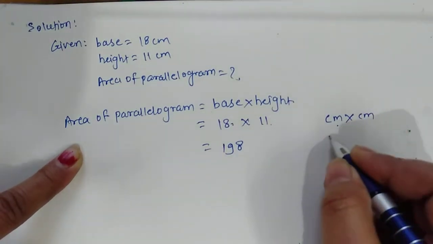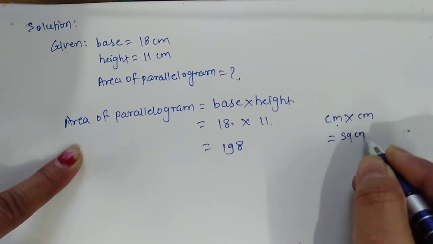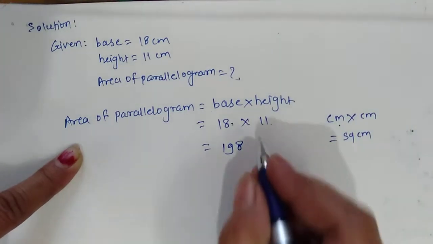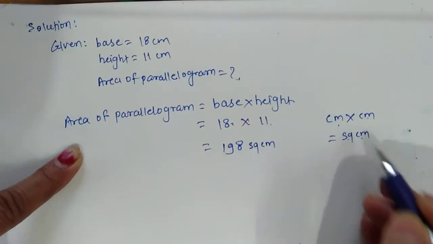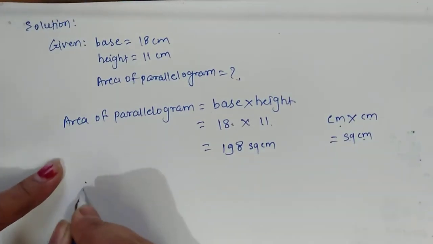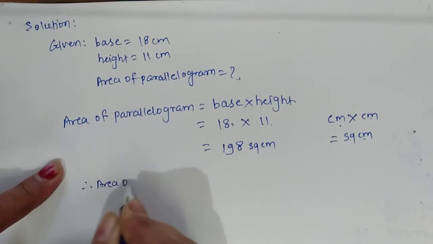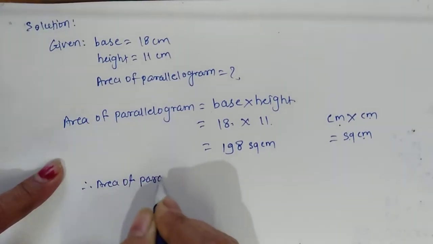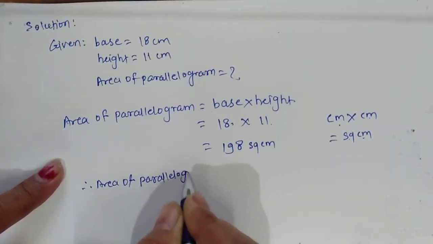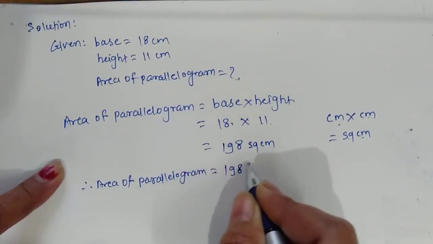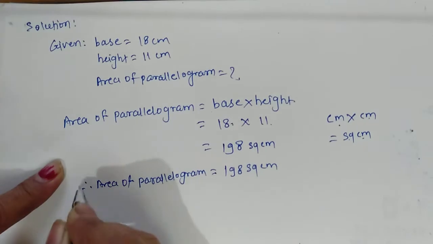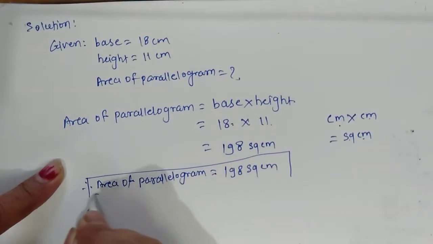Centimeter into centimeter is square centimeter. Correct? So the unit is square centimeter. So therefore the answer line is: area of parallelogram is equal to 198 square centimeter. Very simple.